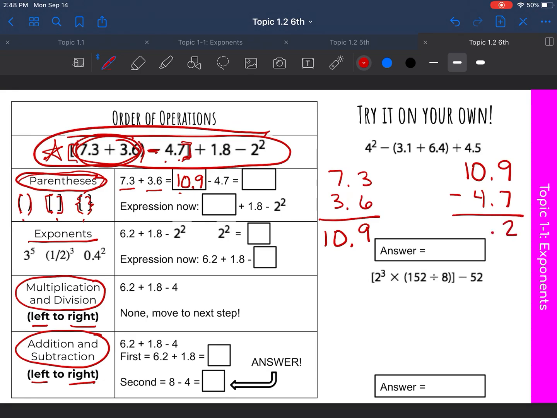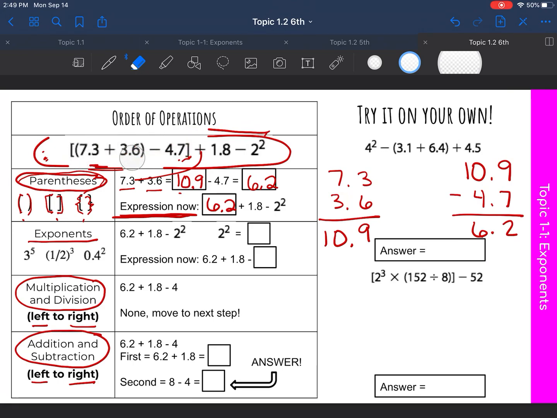Line up those decimal places. I end up getting 2, 6. So you end up getting 6 and 2/10. So our expression now is 6 and 2/10, because we just found out what all of these parentheses are. So that's gone now. That's a lot of writing that I just did, but that's gone now. Okay, I'll erase that.